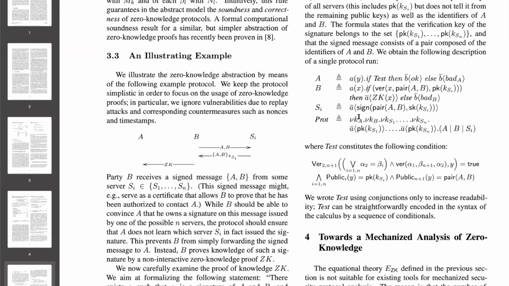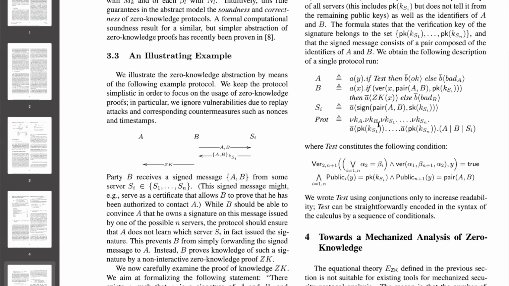And where is the key? Who owns the key? B with his own key, or I mean, the server is signing. It looks like it's provided to the protocol. It's a parameter to the protocol, right? So this is some SKI.